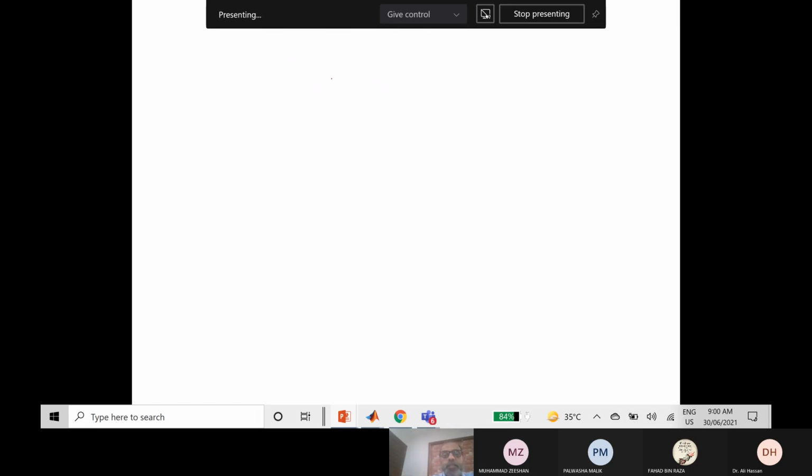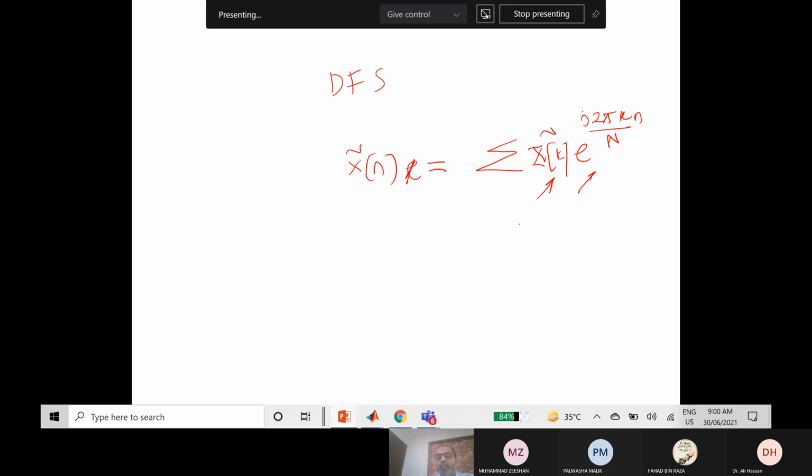Discrete Fourier series is for periodic signals, where you can break a periodic signal into a number of exponentials, exponential j 2 pi k n over N, and this is the contribution of every exponential, and these are the exponentials. Here k goes from 0 to N minus 1.